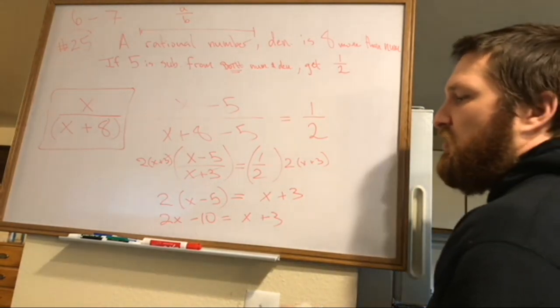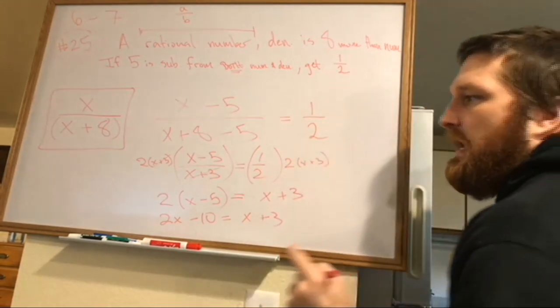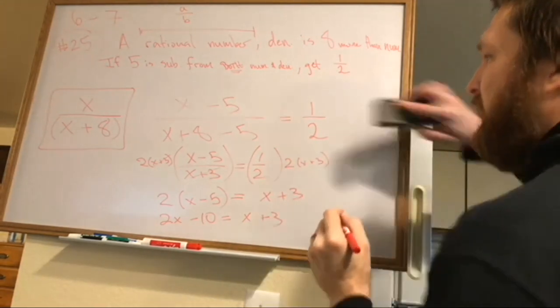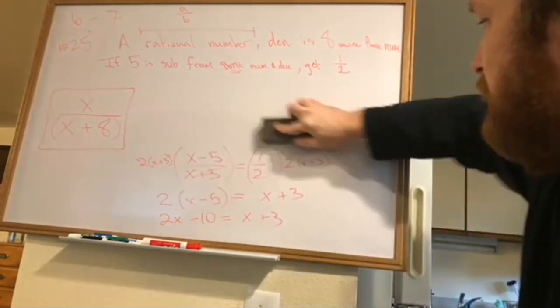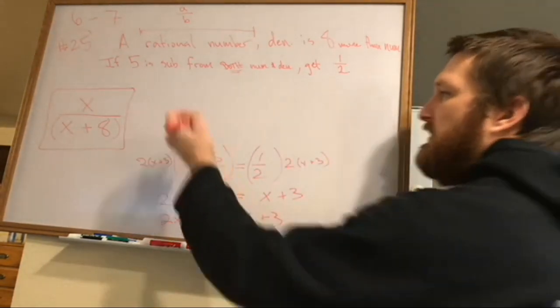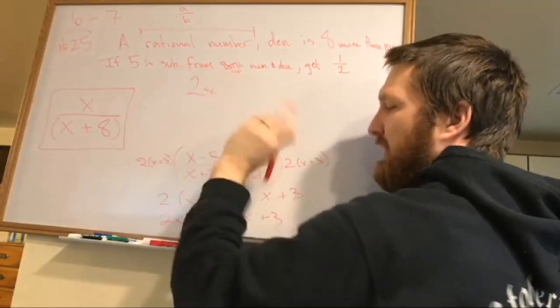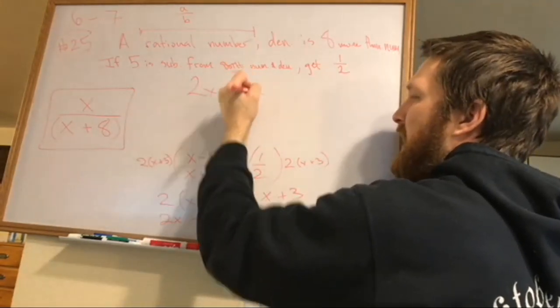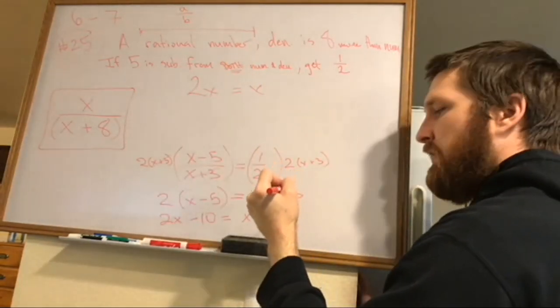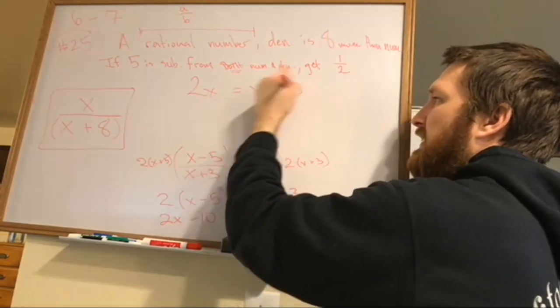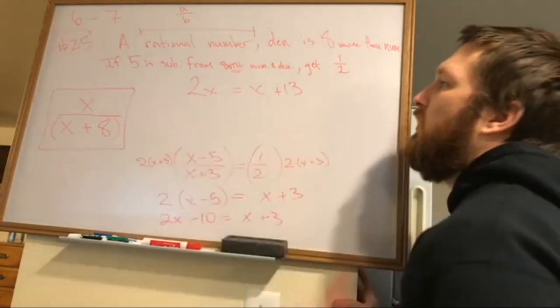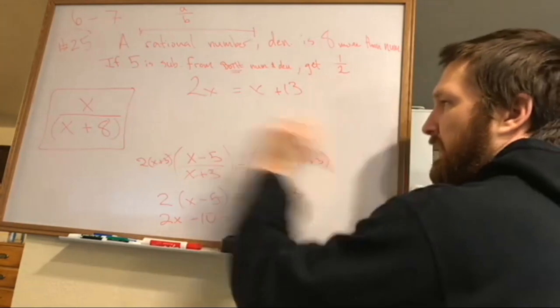Okay, so you said first add 10 to both sides. If I do that, I'm going to go ahead and erase right here. If we add 10 to both sides, we are left with 2x by itself equal x, then what? Plus 13. Now, and then do what? Subtract x from both sides.